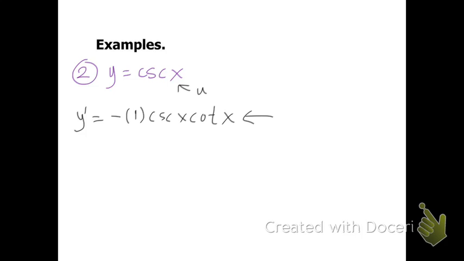I'm just going to simplify. It's going to be y prime equals minus cosecant of x times cotangent of x, and that's the answer. So the derivative of cosecant of x is negative cosecant of x times cotangent of x. Okay, you can pause. That's a great thing about this. You can pause, you can rewind it if you didn't get anything. I think this is pretty easy. So let's work with another example.